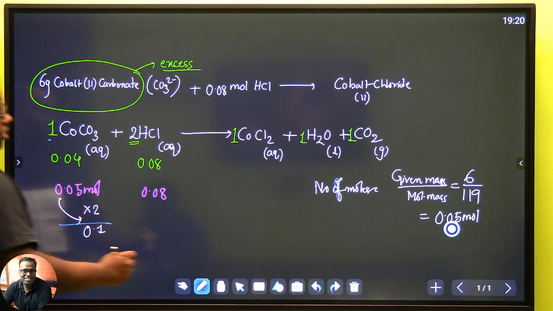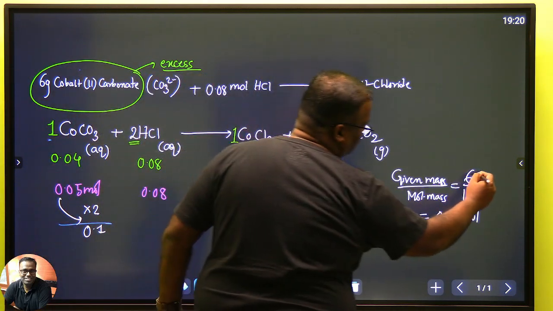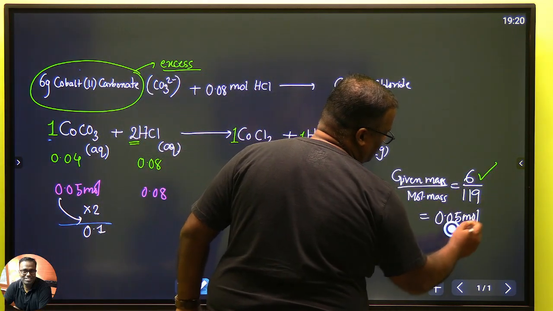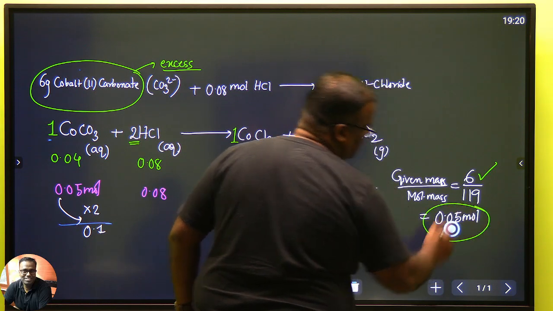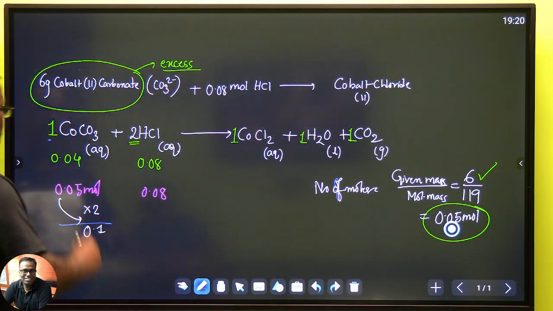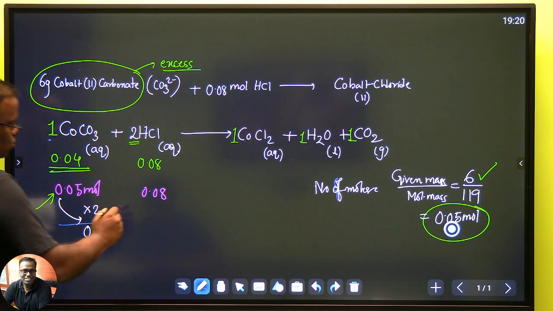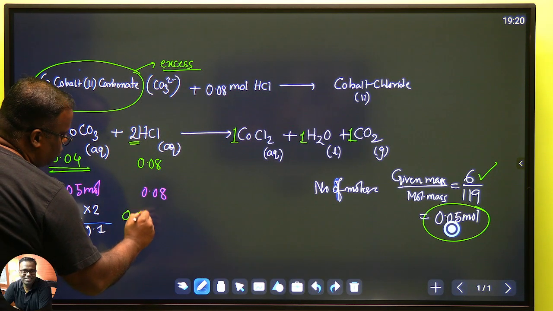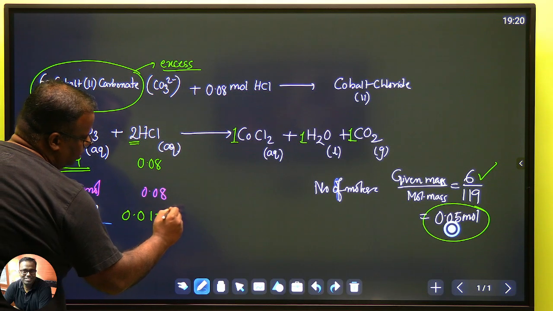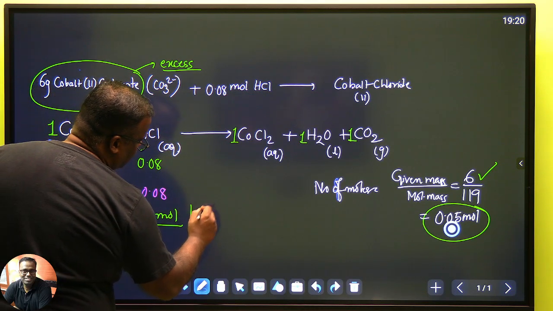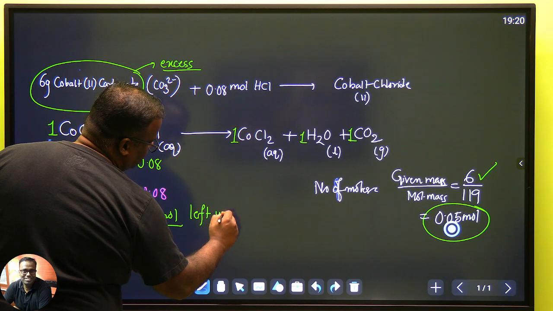But when you calculated the amount of cobalt carbonate that you took, 6 gram, you found that it is 0.05. So only this much will react, but you have this much, so you are in excess by how much? 0.01 mole. This one will be left unreacted.